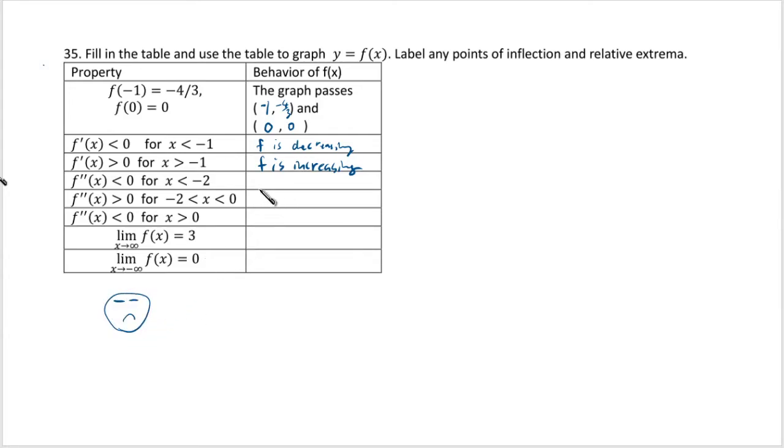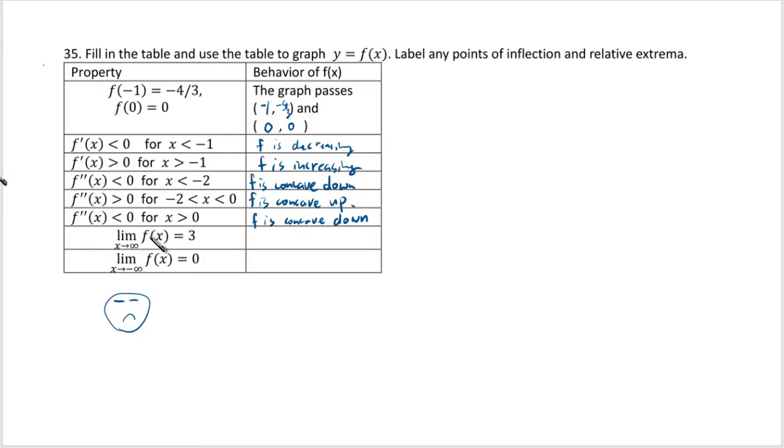That's called concave down. So f is concave down. And here it's the opposite. That means f is concave up. And again, it's concave down.